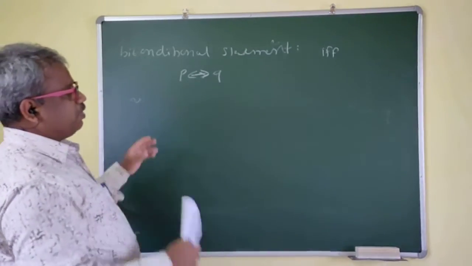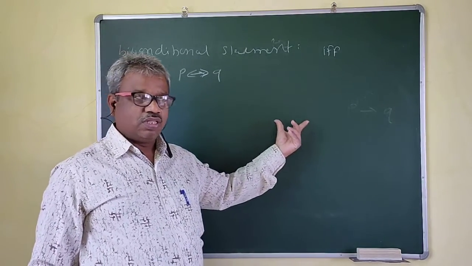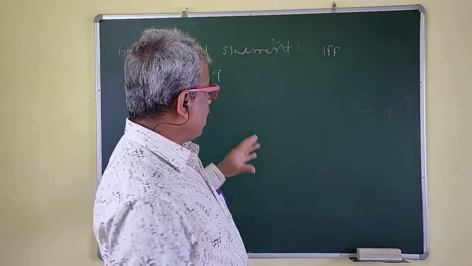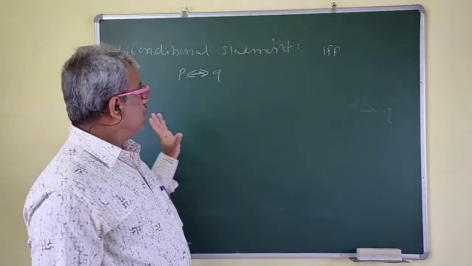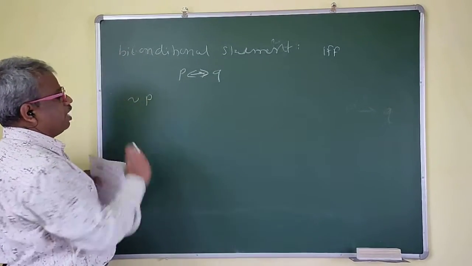Negation of the statement is what? Just writing it is false that before the statement, or inserting the word not at the proper place, that is called a negation of the statement, and it is denoted by not P.